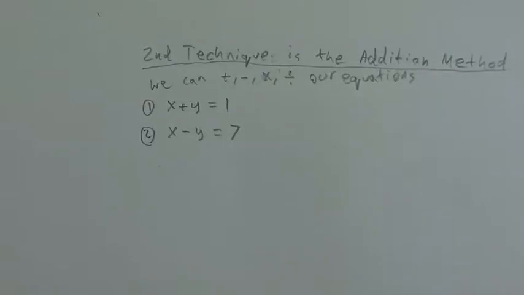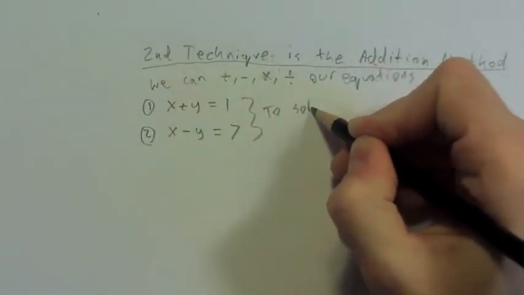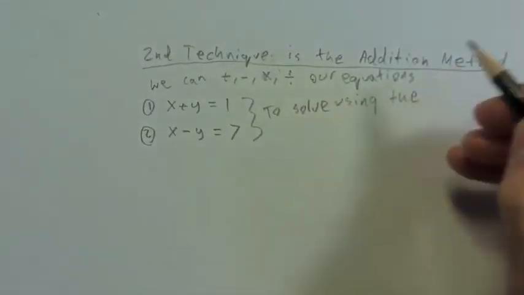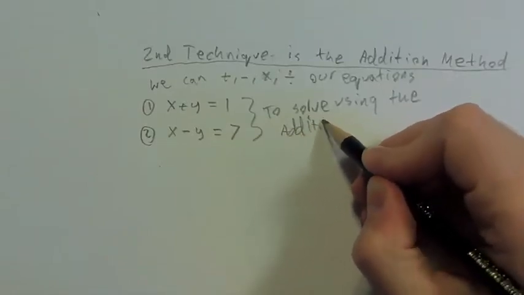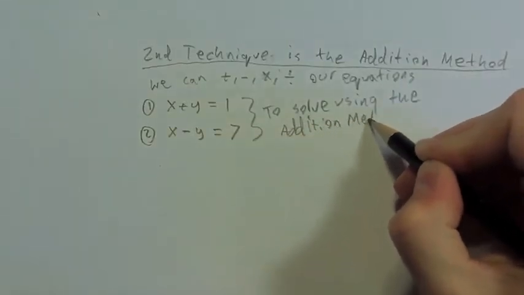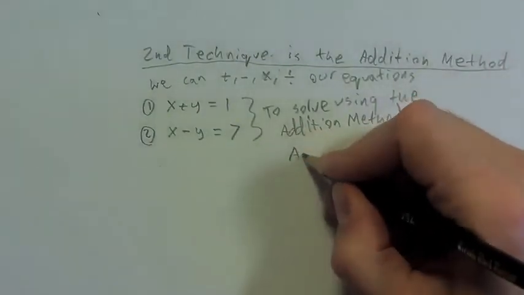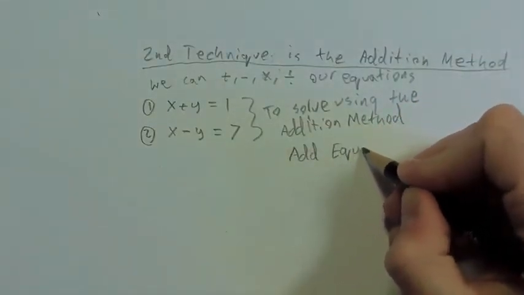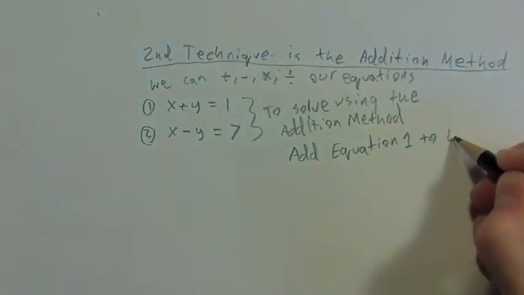And what we're going to do to solve this, so to solve using the addition method, and this might be a misnomer because we could use subtraction too, but I'm going to add equation 1 to equation 2.